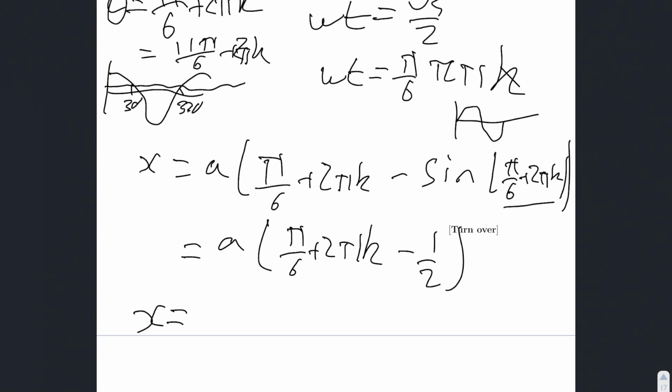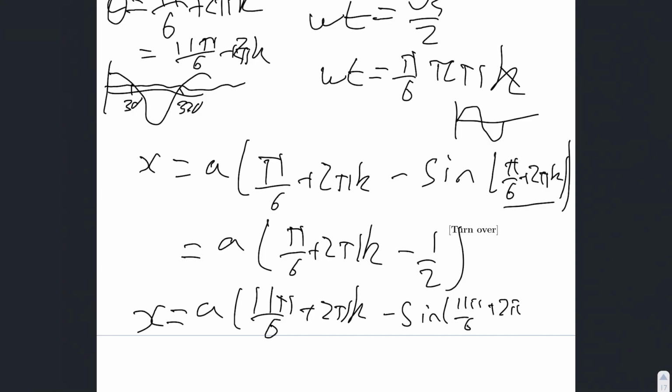And then similarly for the other one, we have x equals a times (11 pi over 6 plus 2 pi k) minus sine of (11 pi over 6 plus 2 pi k), which is just the same because this repeats every 2 pi k.